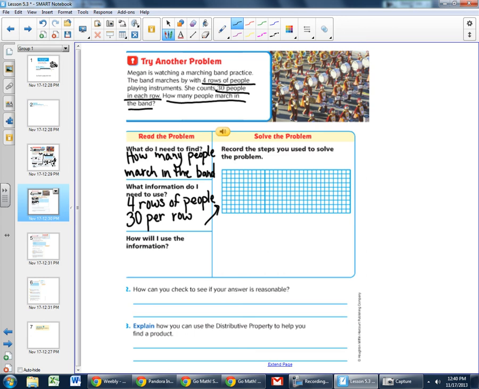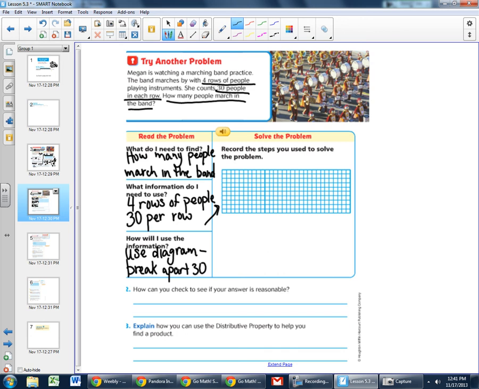So we're going to use the diagram and we're going to break apart 30. You can just write this in note form and not complete sentences. You're going to break apart 30 by using the distributive property.